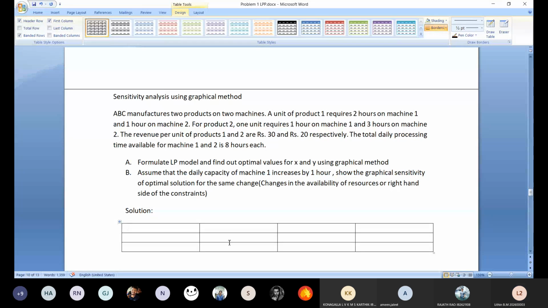See, ABC manufactures two products on two machines. There are two products. One is product 1, the other one is product 2. Okay, let me write it. Product 1, and the other one is product 2.